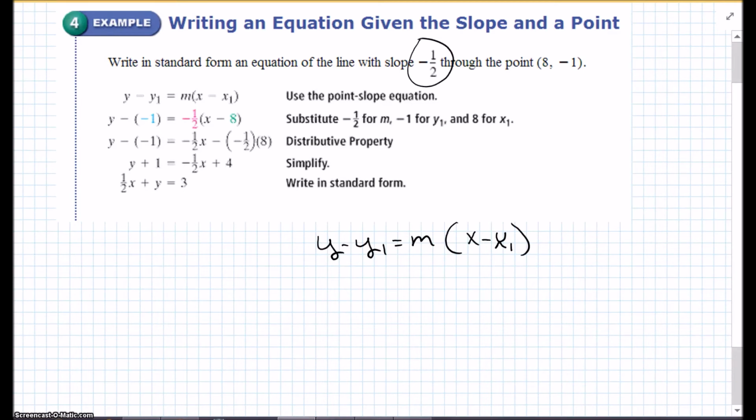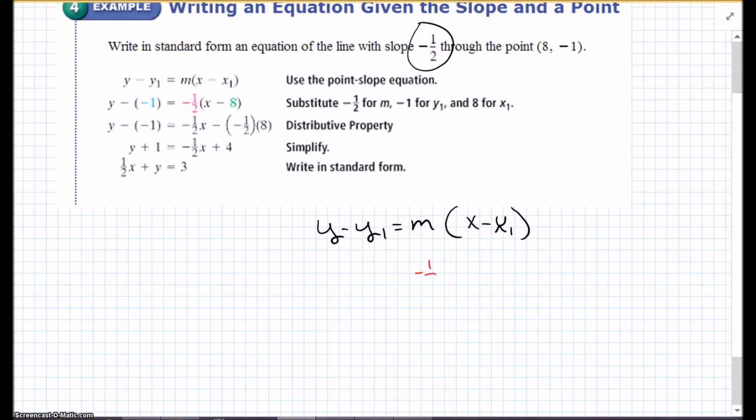Alright, so we're given a slope of -1/2, so we just plug that in. -1/2 times x minus, and we're given the point (8, -1). So our x1 value is 8. So y minus our y value, which is -1, equals the slope.